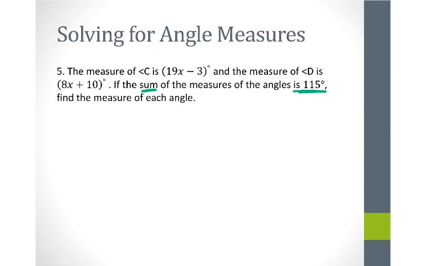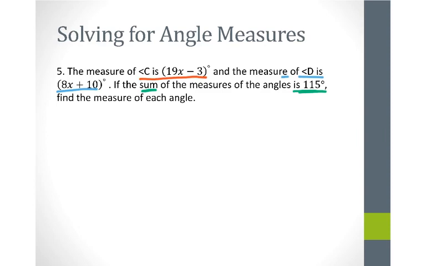This one's a little bit different. It gives me 2 angle measures, C is this and D is 8x plus 10. Then it's telling me the sum is 115. What do we know about sum?